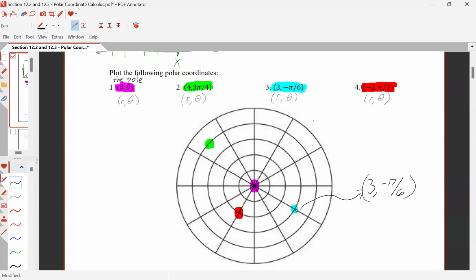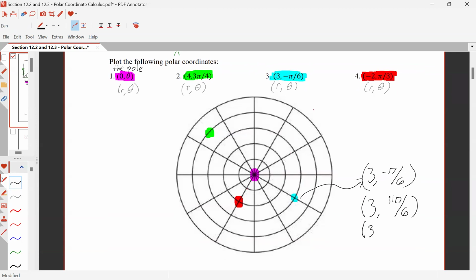We could also write this as 3 comma 11 pi over 6, because we know if I add 2 pi and go around the circle again, I'd land back at the same angle.